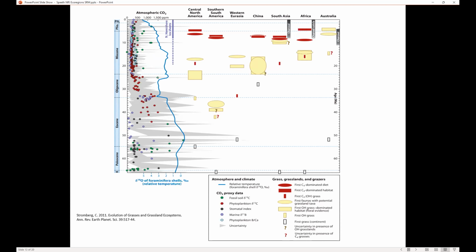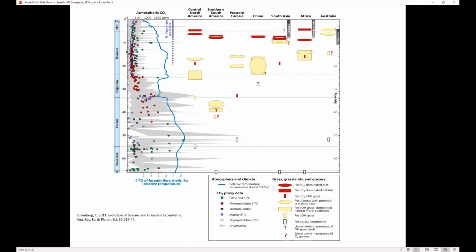My point is, when we start thinking about climate change, we have to realize that these grasslands and these grass species have seen everything that nature or the environment can throw at them. And at best, as rangeland managers, we're looking at a window during our career of maybe 30 to 40 years.